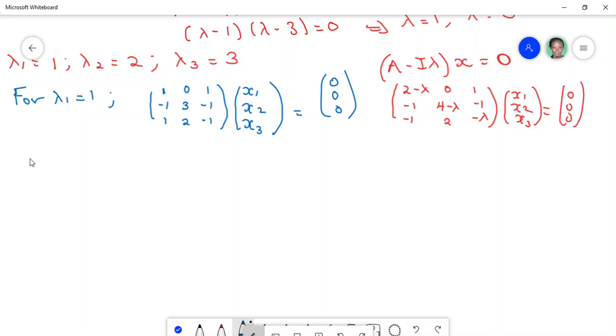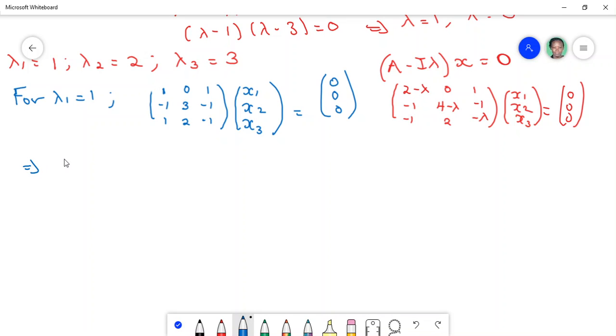So this implies that I have x1 plus x3 to be equal to 0.